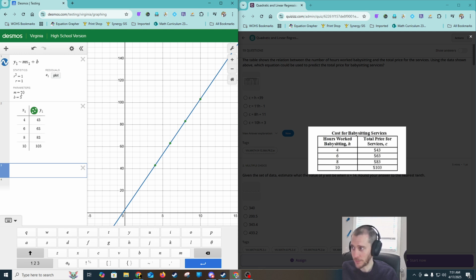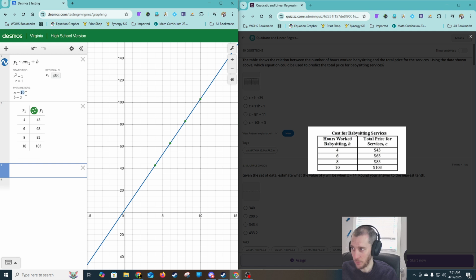This equation is going to have an m value, which is slope, of 10, and a b value, which is my y-intercept, of 3. So from 0, 3 it is going up 10 and over 1. So if I looked at 1, it has gone up 10 and over 1 from 0, 3 to 1, 13.